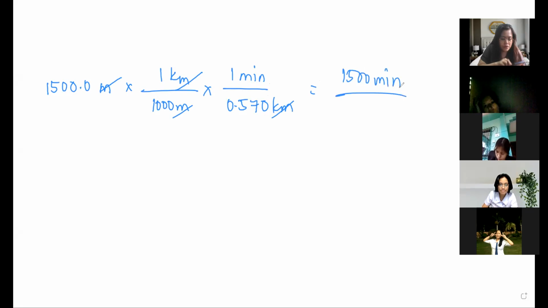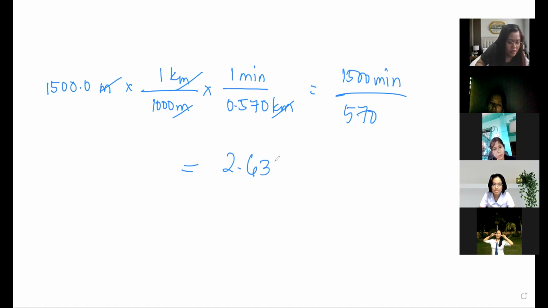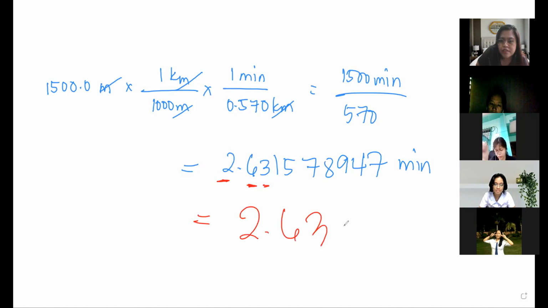I also made a mistake in my calculation. This is 570 here, not 57. So the correct answer is 2.631578947 minutes, and we only need 2 decimal places. You have 3, 2 and 3. So the correct answer is 2.63 minutes.